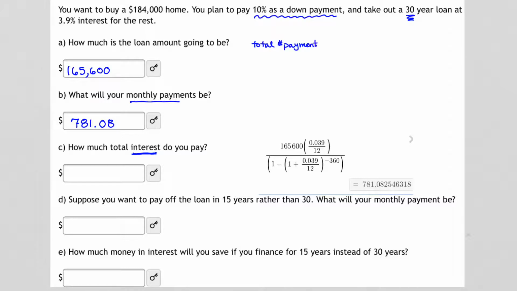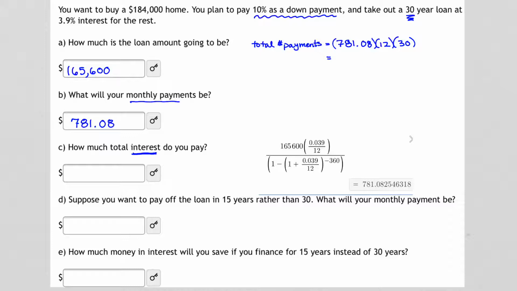Well, that comes from taking the monthly payment, which is $781.08. I'm going to multiply that times 12 because I'm going to pay that 12 times a year. And then I'm going to multiply that by 30. If I take 30 times 12 times $781.08, that tells the total amount of payments that are made.